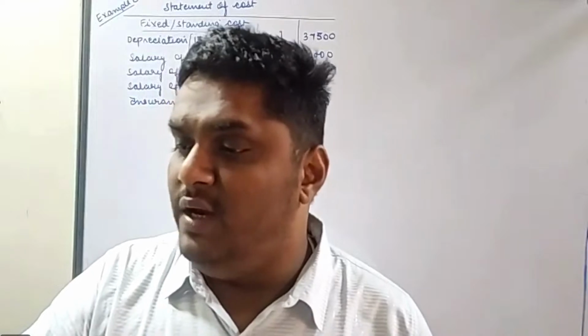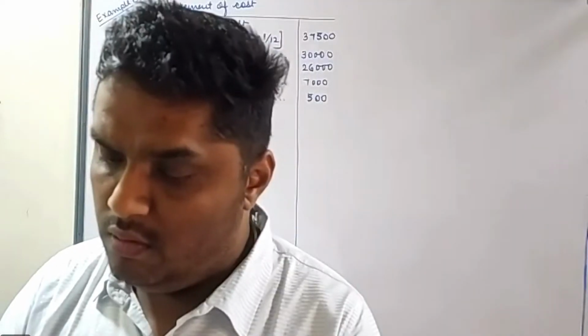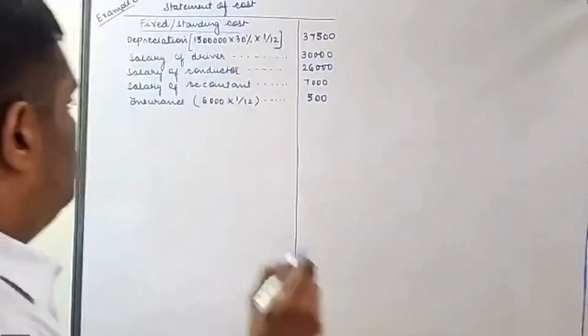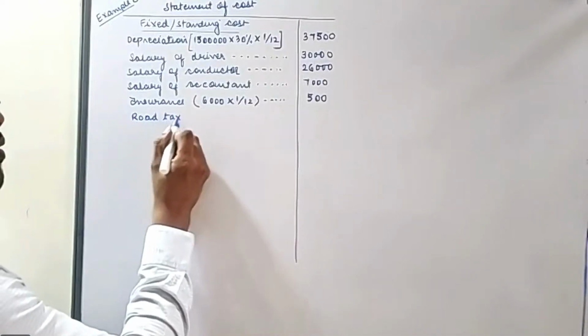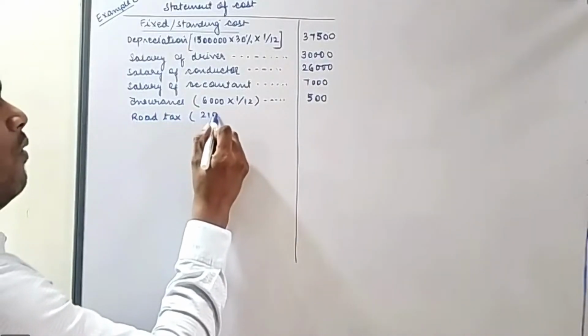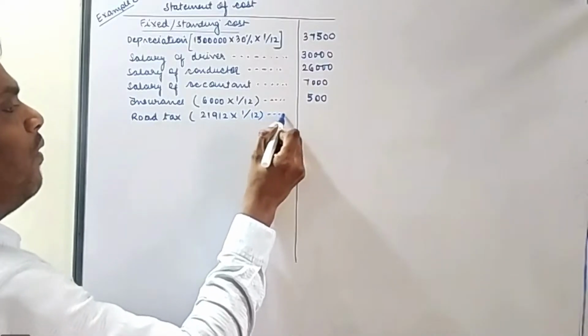Diesel consumption will go under variable cost. Road tax is 21,912 per annum. So this will be 1826.